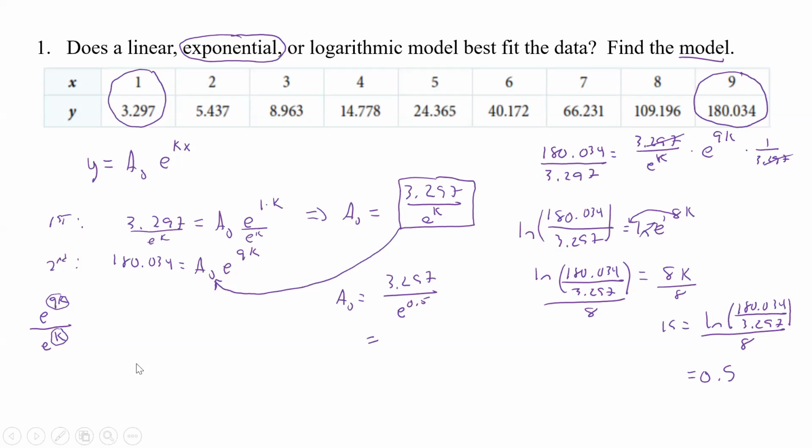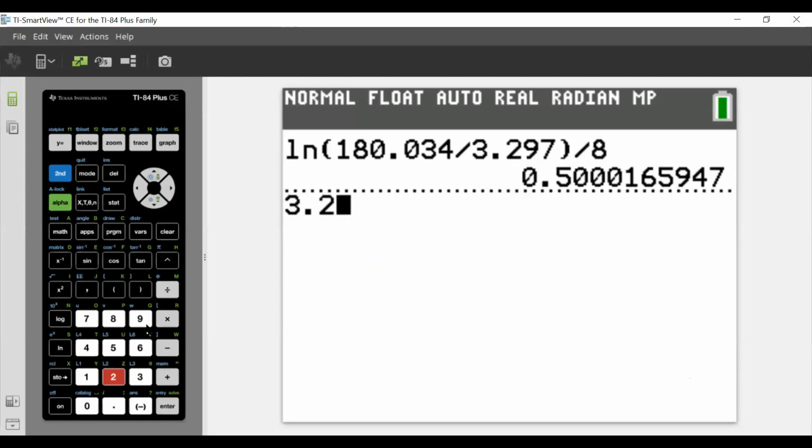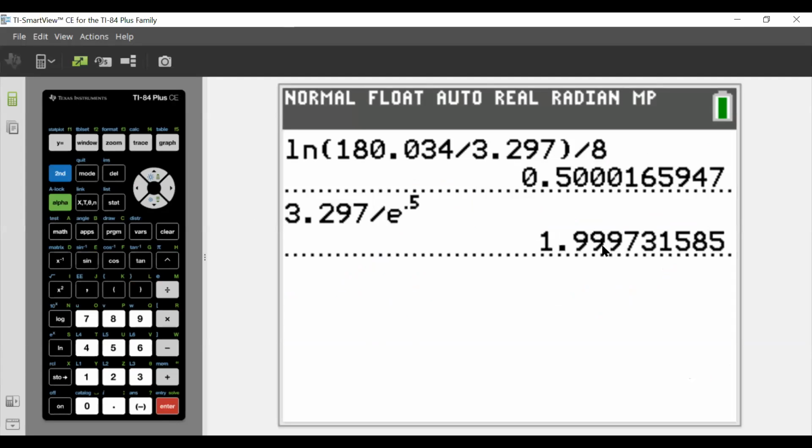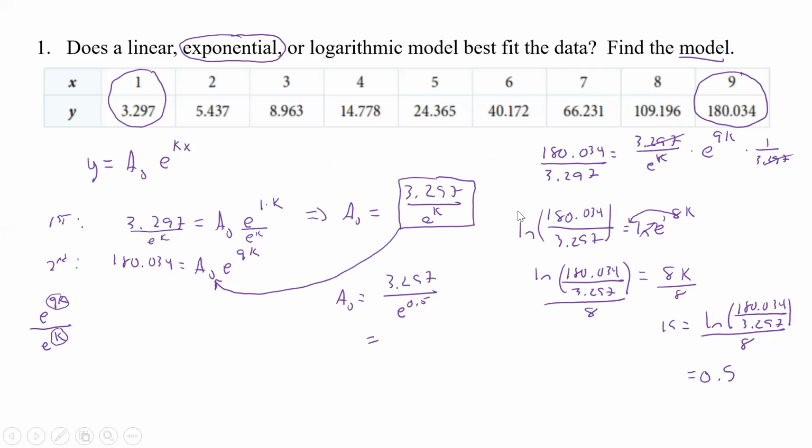So that was 3.297 divided by e to the 0.5. Enter. And if we go to 2 decimal places or even 1, that's just going to be 2.0. So that gives us 2. And so now we have everything we need to solve this equation.